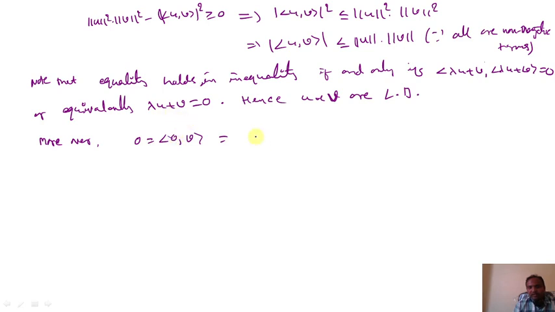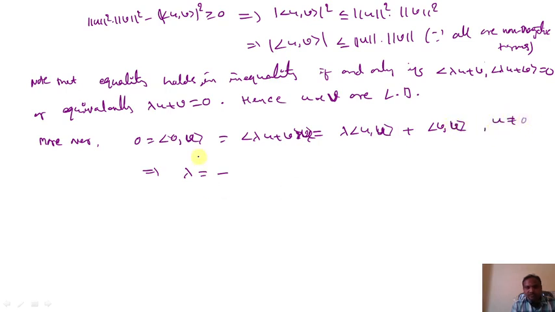This equals λ⟨u, v⟩ + ⟨v, v⟩. Suppose we take u non-zero. Then λ⟨u, u⟩ = −⟨v, u⟩, that is λ = −⟨v, u⟩ divided by ⟨u, u⟩, which is norm u squared.